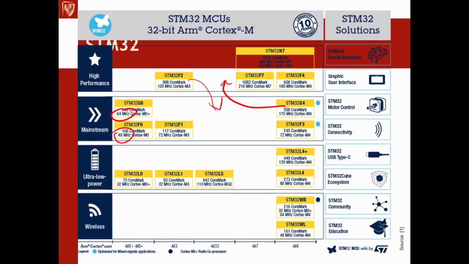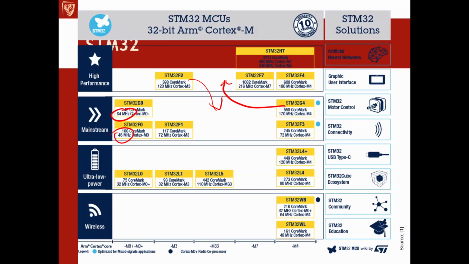The M3 for me is rather mainstream, because don't forget the M3 is missing both the DSP instructions and the FPU unit on board, which means that from today's perspective, the M3 cannot be classified as high performance, even if it is 120 megahertz.